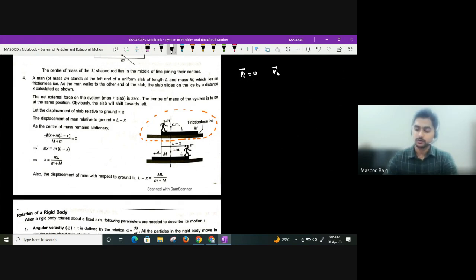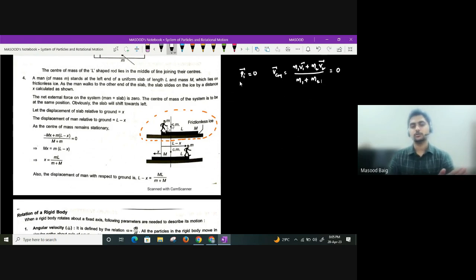So what can we say about the velocity of the center of mass? It is m1 v1 bar plus m2 v2 bar, two masses are there in the system, divided by m1 plus m2. Because they are initially at rest, the velocity of the center of mass will also be 0. Velocity of center of mass is 0 means the initial momentum of the system is 0. Now, this is one system.